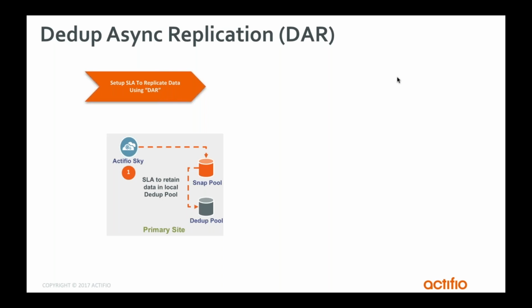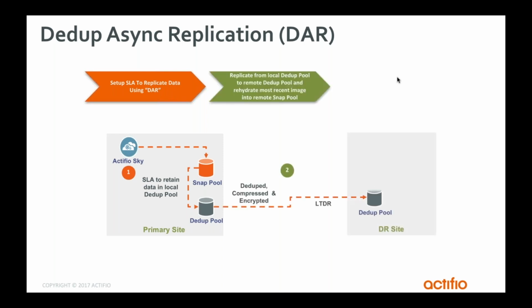Once the dedup async job takes a snapshot, it dedups the data, replicates that deduped data to another Actifio appliance, and then rehydrates that data on that second appliance and updates the full copy so that we have the flexibility of an instant access recovery at the remote site.